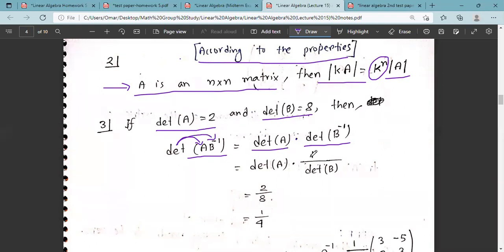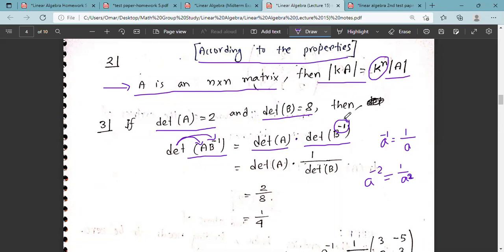Now, if you look here at B inverse, we know that A to the power minus 1 means 1 by A, right? A to the power minus 2 means 1 by A square. So this is a simple algebraic formula.